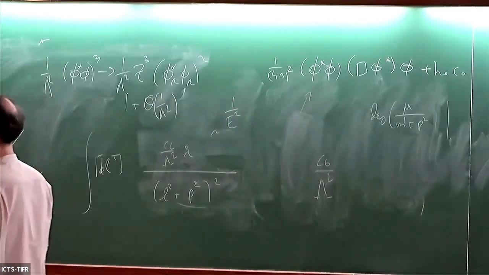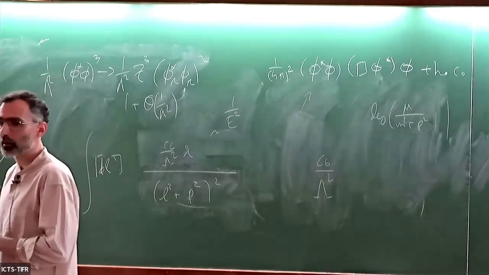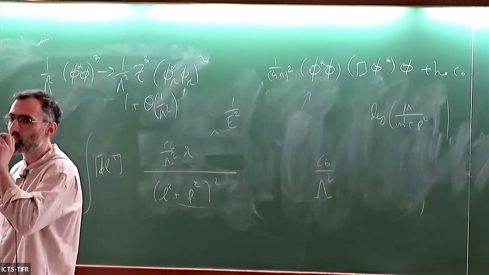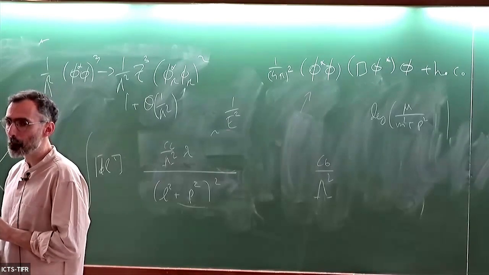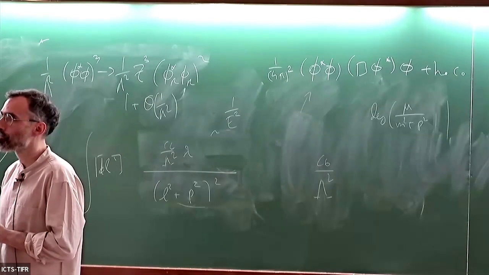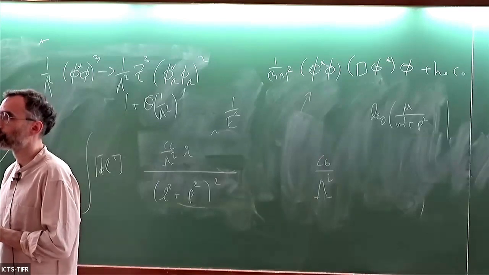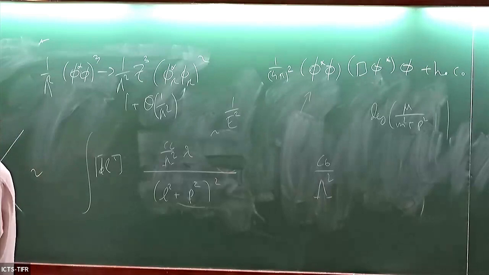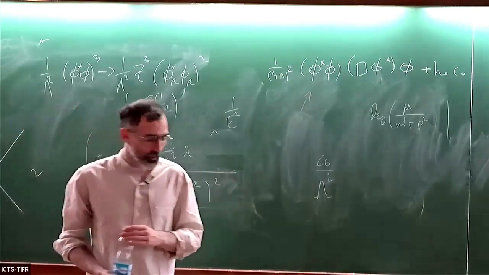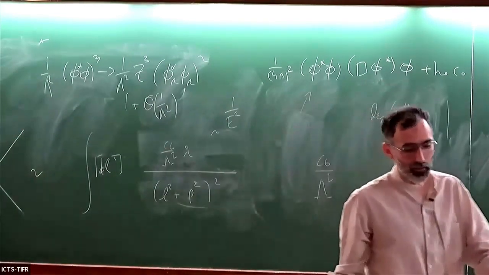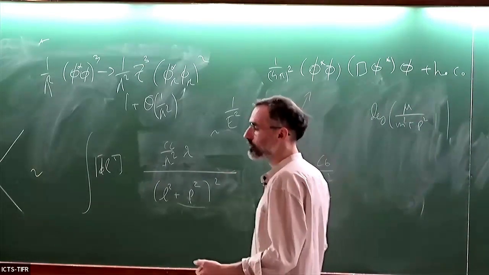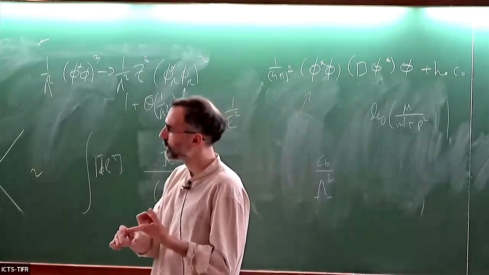Yeah, block diagonal entries. So there's a number of things you can do, and we tried at the time. There's one quote unquote simple thing, which is to draw all the diagrams.